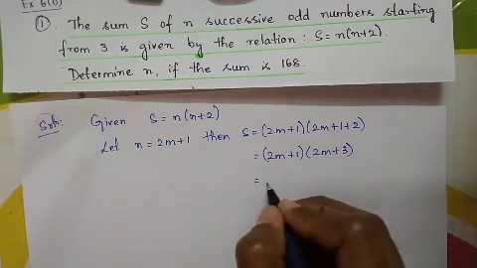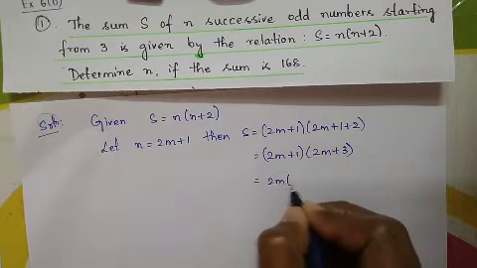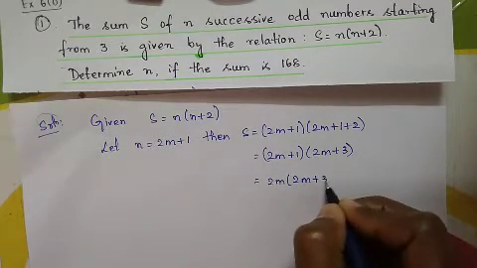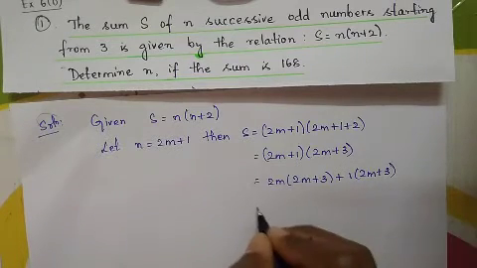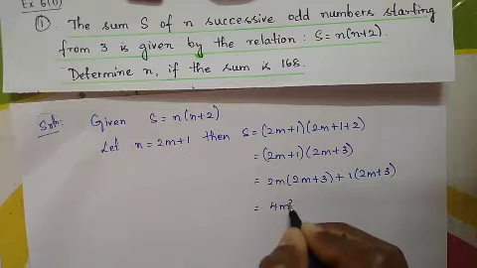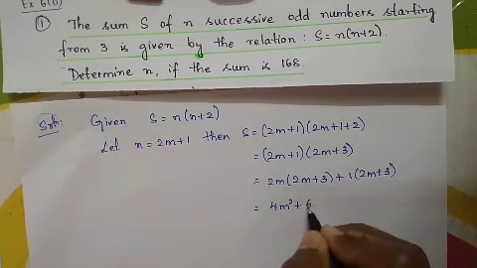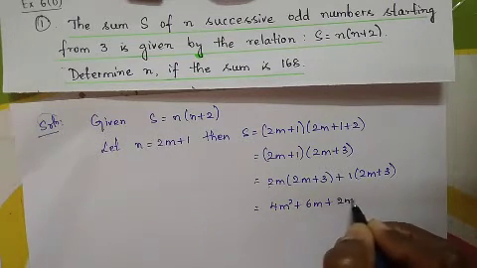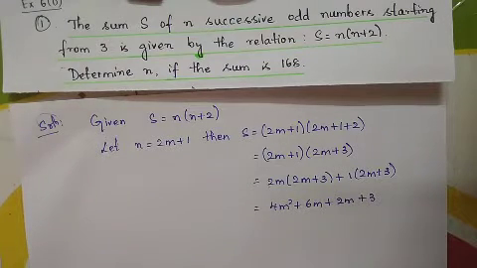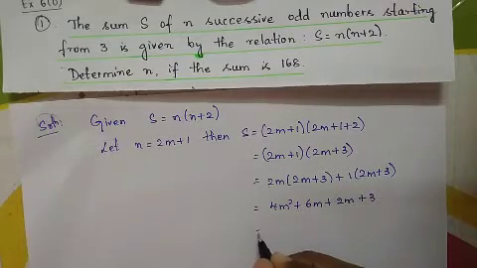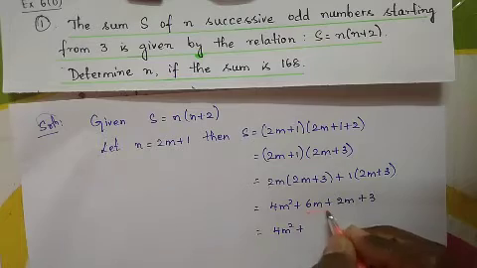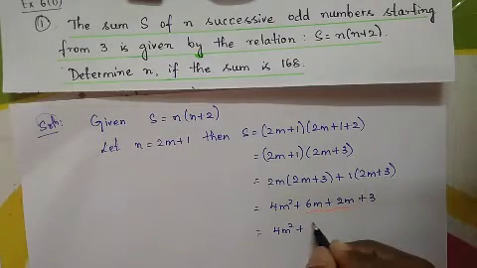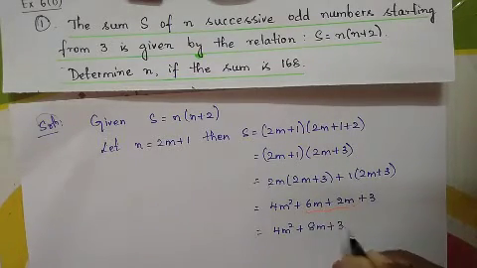Now expand these terms. 2m into 2m plus 3, plus 1 into 2m plus 3. That is equal to 4m square plus 6m plus 2m plus 3. That is equal to 4m square plus, 6m plus 2m is 8m, plus 3.